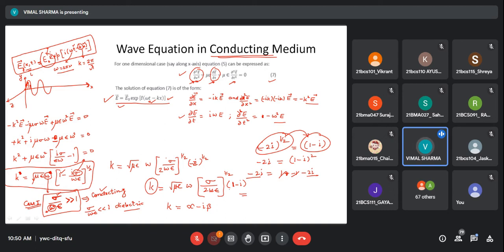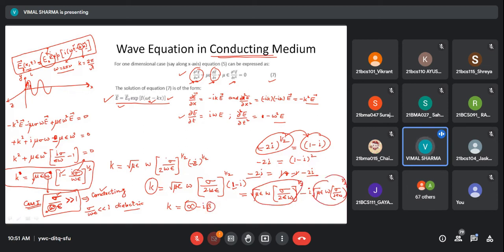If I expand this, I multiply it with this term, so it is under root mu epsilon omega sigma divided by 2. This is when I multiply it with 1 minus iota, and again you get the same term, sigma divided by 2 epsilon omega whole. So this is alpha, and this is beta.